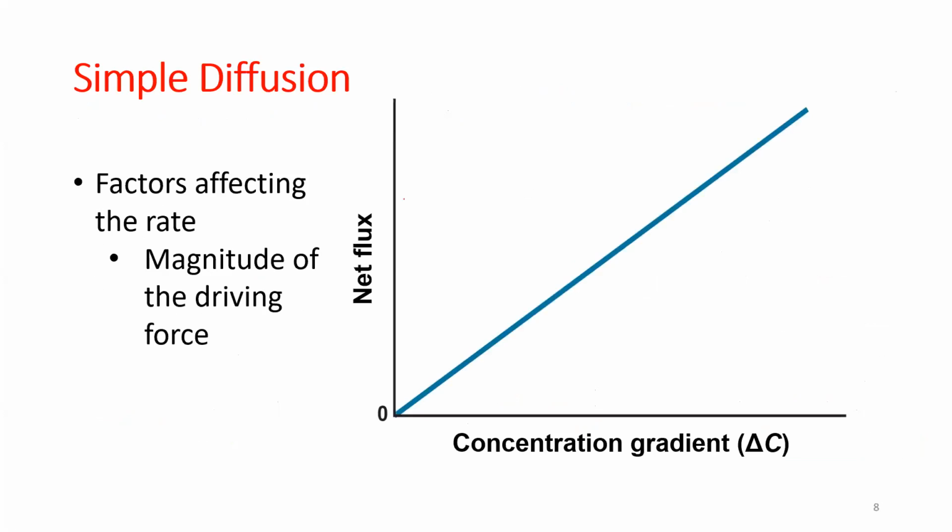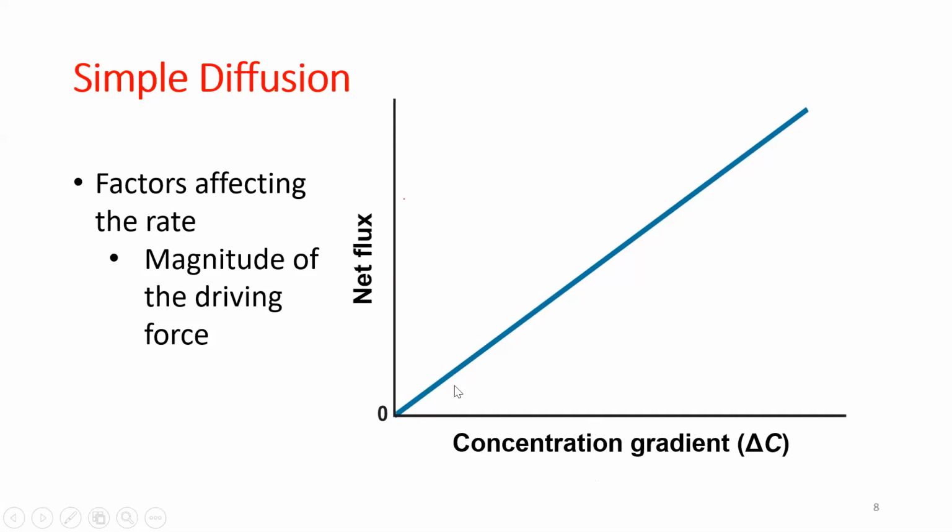So that's the first factor that affects the rate, the magnitude of the driving force. And we can compare this graph. We can look at the concentration gradient directly compared to the net flux, and we can see a directly proportional linear relationship. So as the concentration gradient gets bigger, so does the net flux, or the net movement of particles, right?